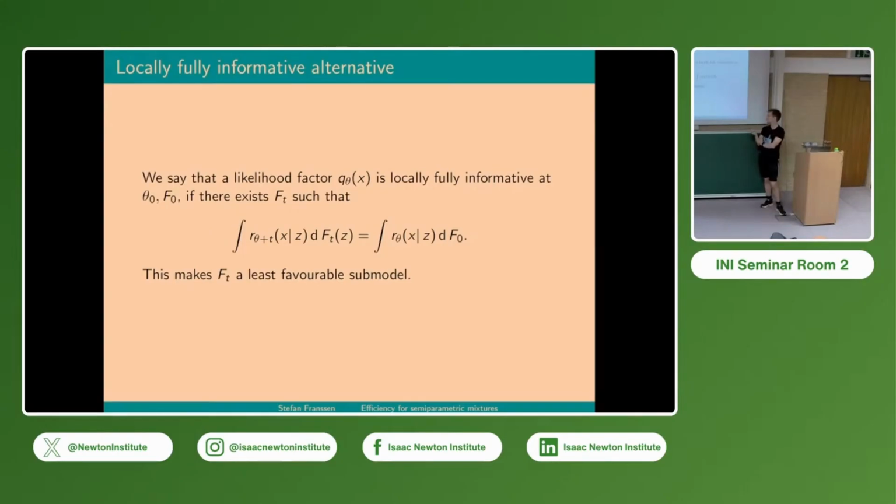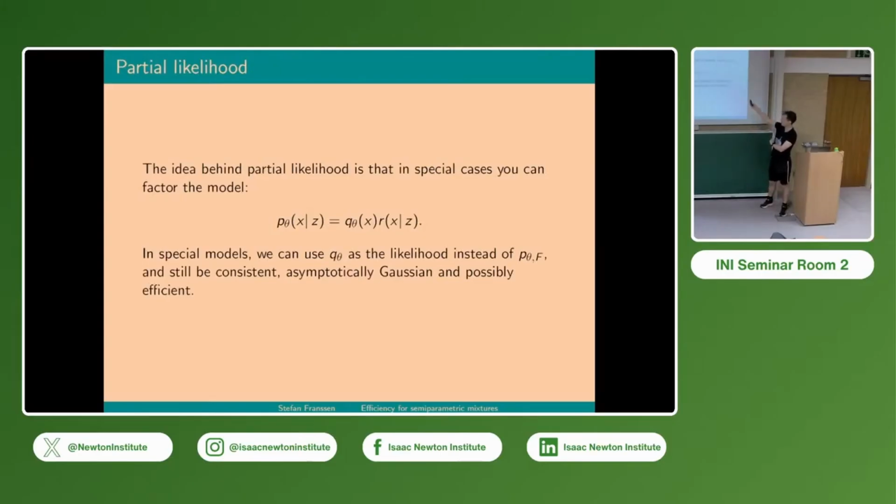But sometimes you can write some interesting estimators here which are not locally fully informative, and they will still be consistent, asymptotically Gaussian, but they will not be efficient. There are examples of this.